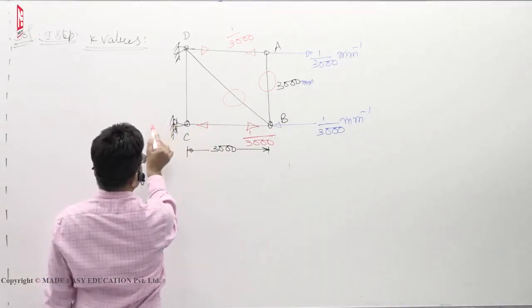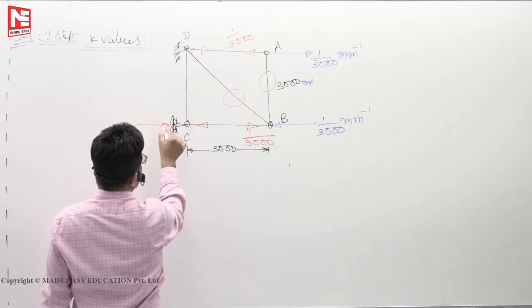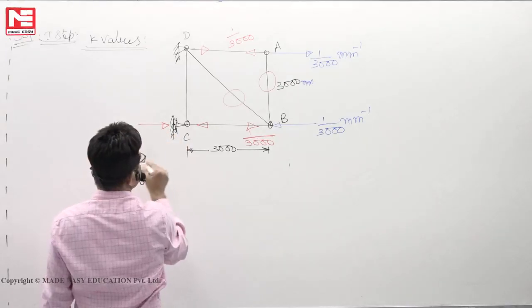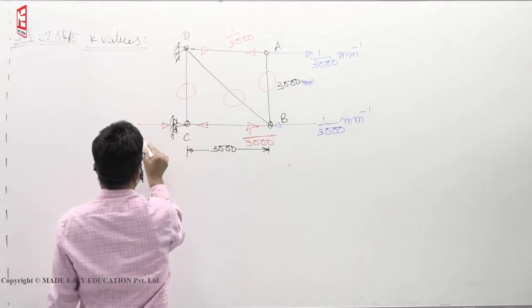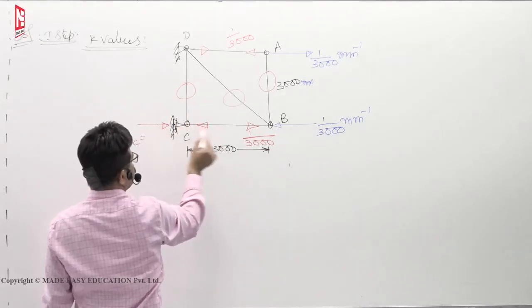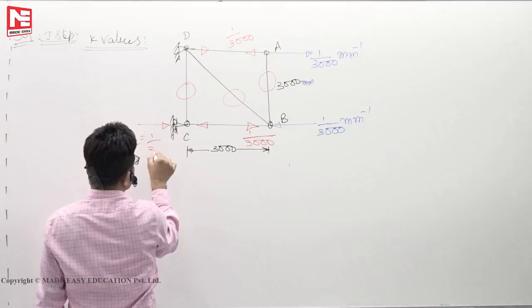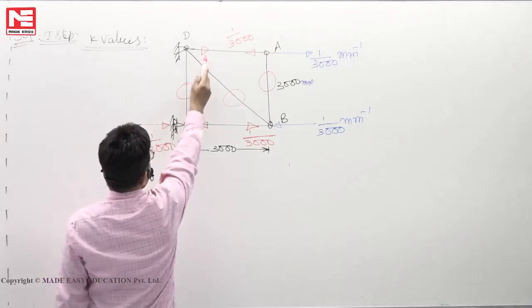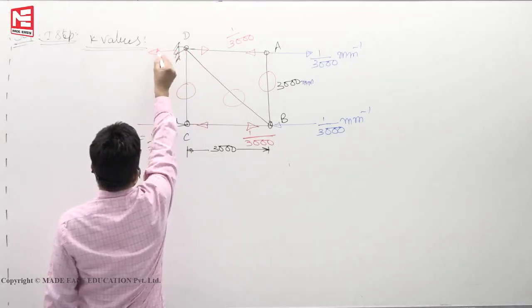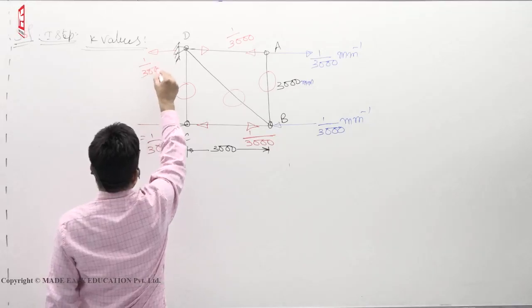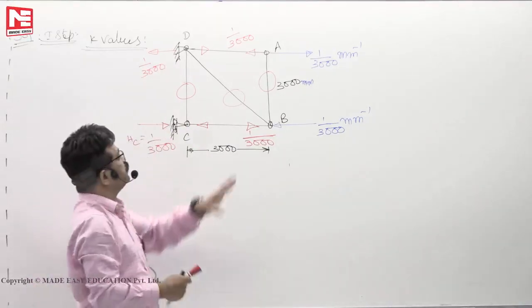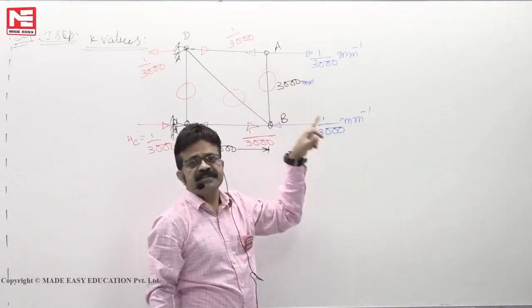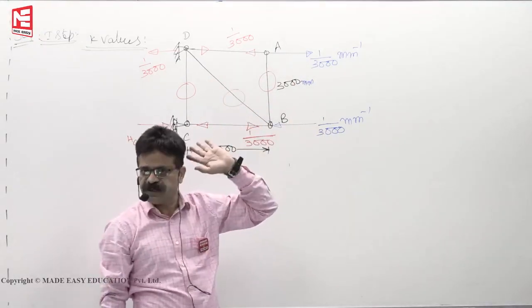Over. Next, roller support, we know that it will give only one reaction, HC. So now 1, 2, 3. 2 are in line. Third must be 0. HC, arrow is left side, 1 by 3000, it should be right side. 1 by 3000. Now see here right side, so it has to be left side. 1 by 3000. Now you may get a doubt that this truss is subjected to a system of forces which are already in equilibrium.